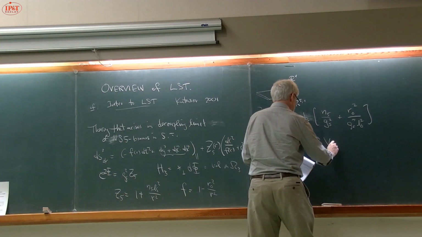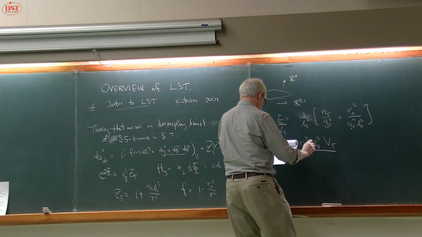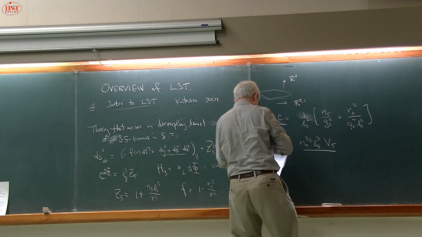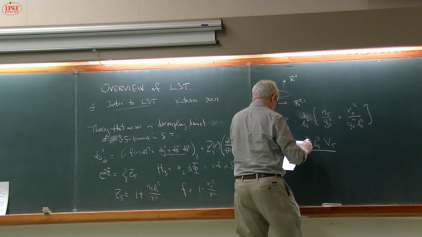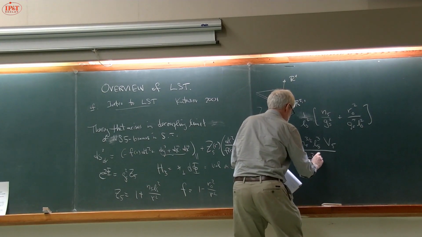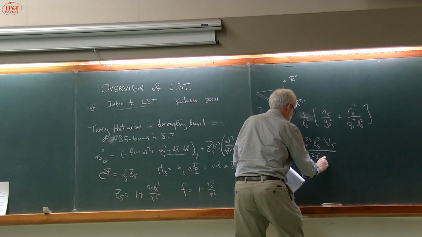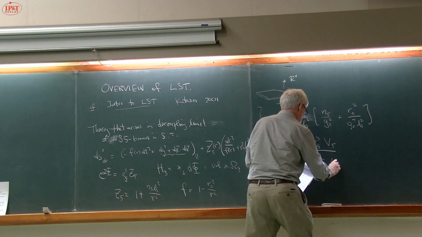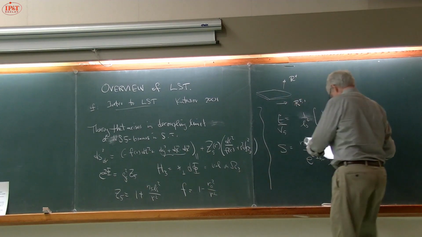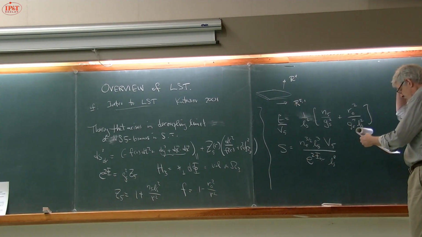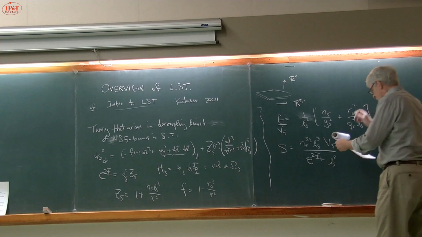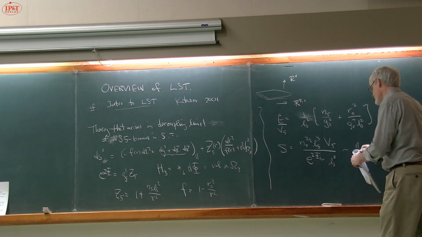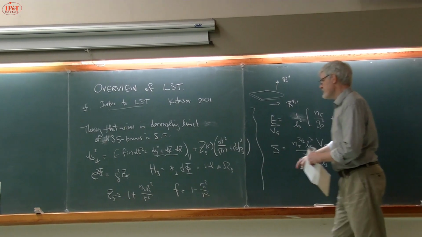Then there's the volume of the longitudinal directions, and then e^{2φ}, the dilaton at the horizon, times l_string^8.